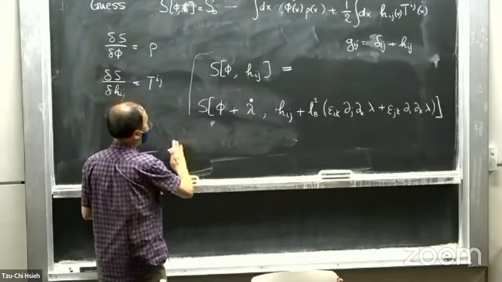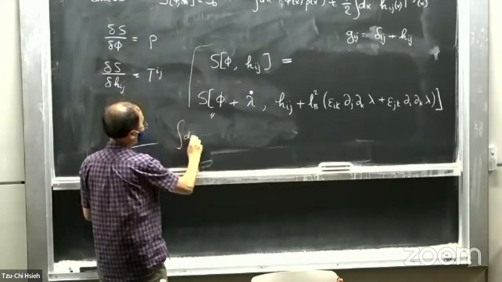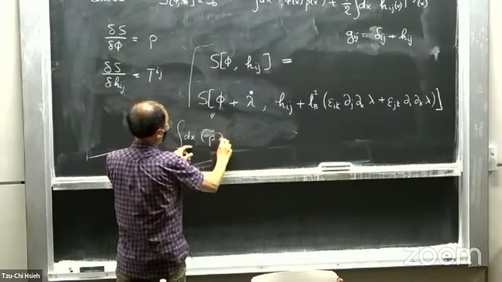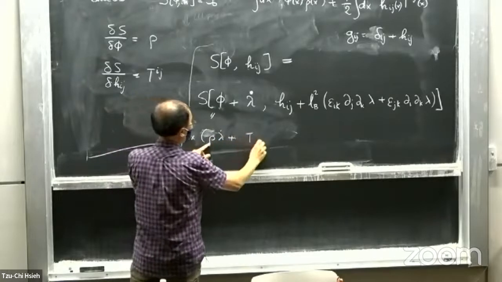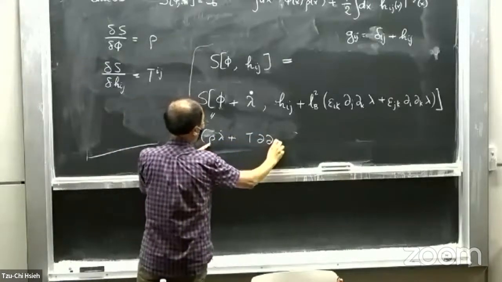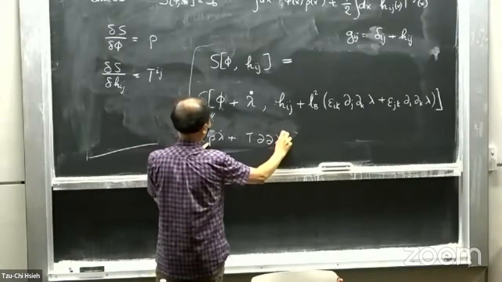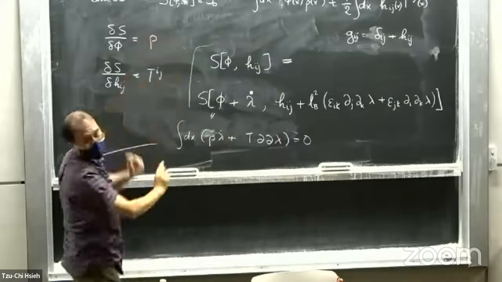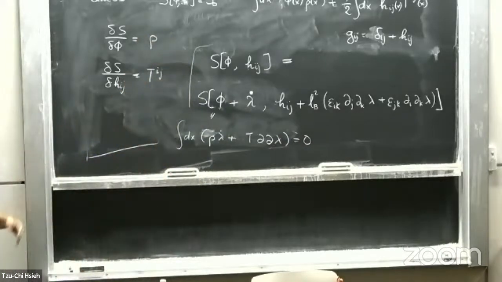I'm just showing you here schematically. This is delta S over delta phi is rho lambda dot plus basically T with two derivatives of lambda equal to 0, and then you do integration by parts, and you get that equation.